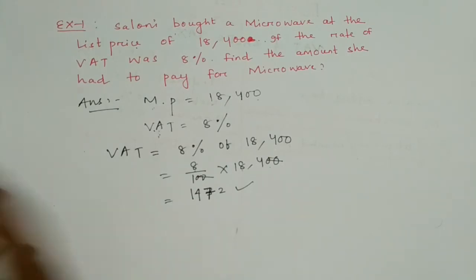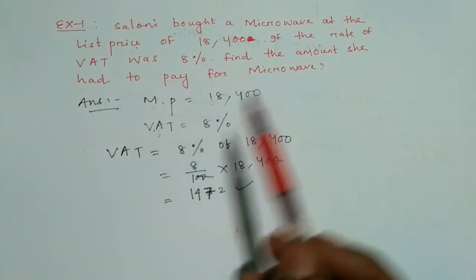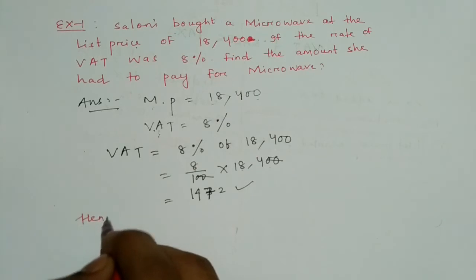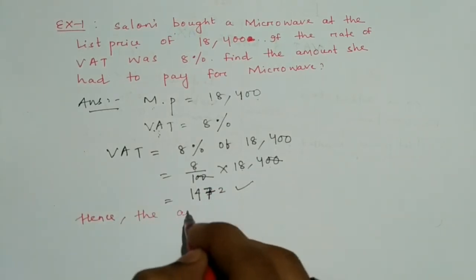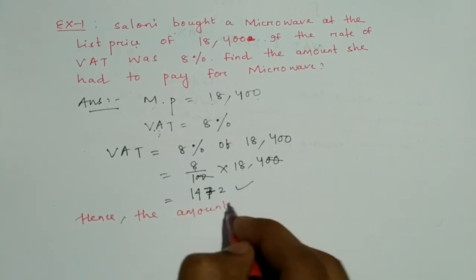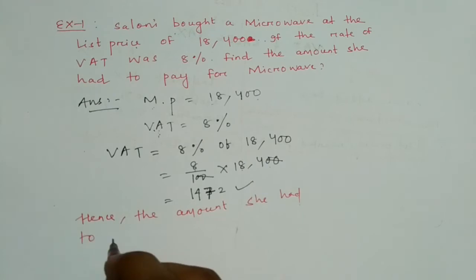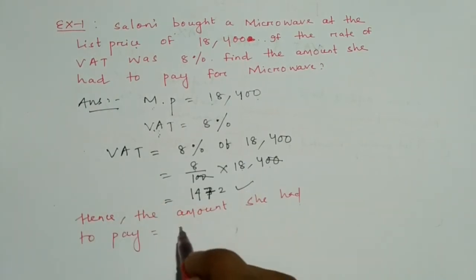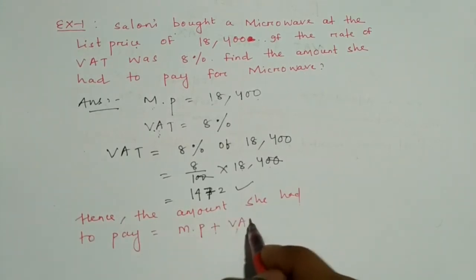So the question is that we have to find out the amount she had to pay for the microwave. So you can write that hence the amount she had to pay for the microwave is equal to mark price plus the VAT.